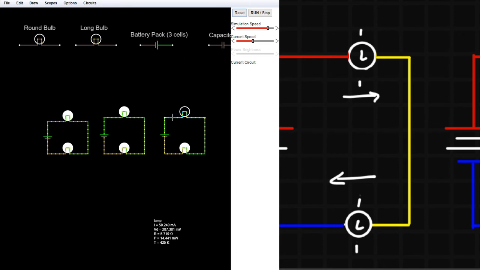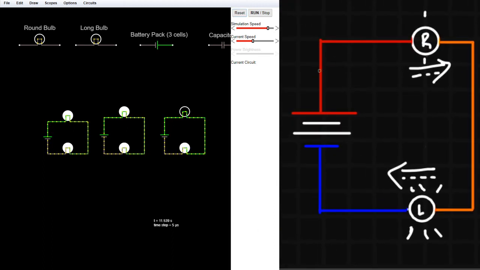And it's a little bit higher because going back to our diagram over here, remember we get a larger voltage drop here. So here we are getting a larger voltage drop through the long bulb. It's no longer 2 steps.